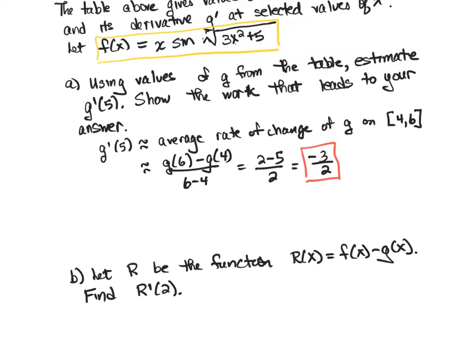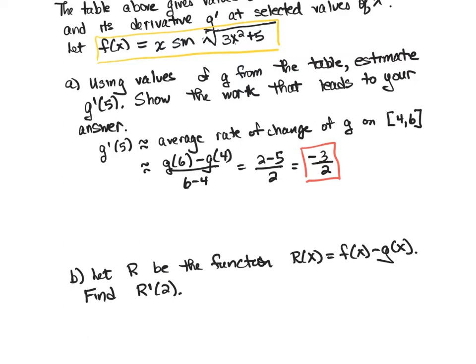Now, in the second part, we have to find the derivative of r at 2 if r is defined to be f of x minus g of x. So let's take a look at that.